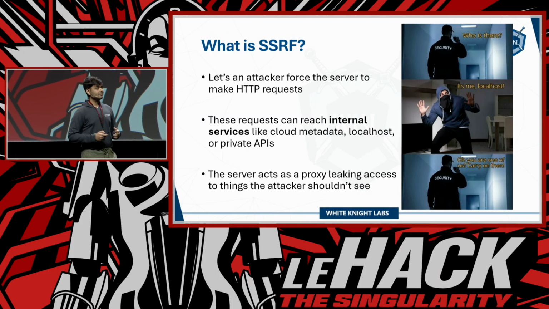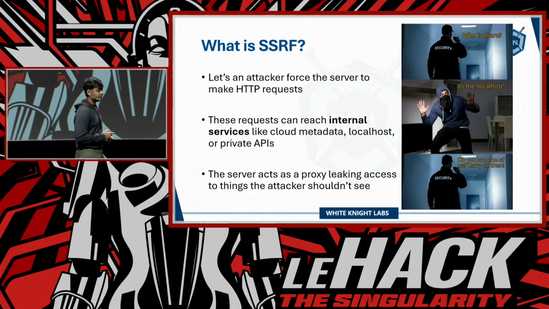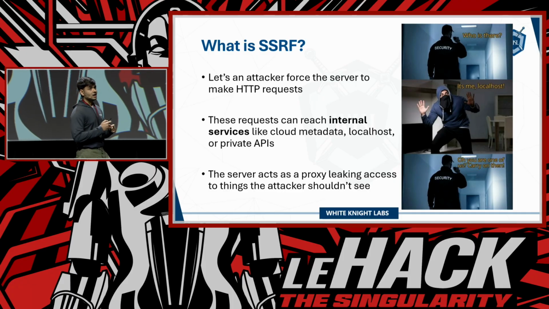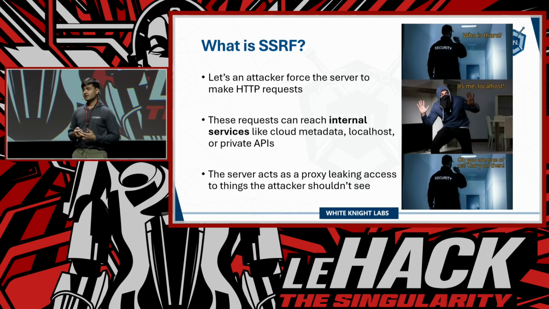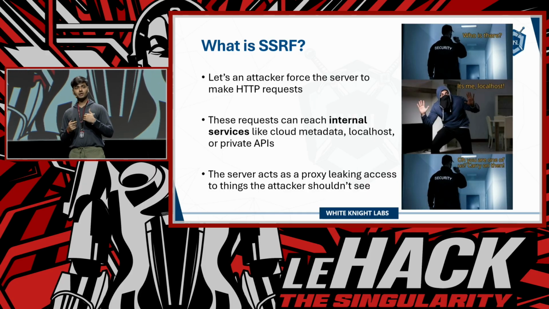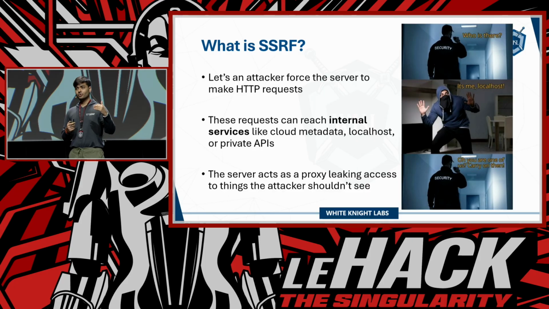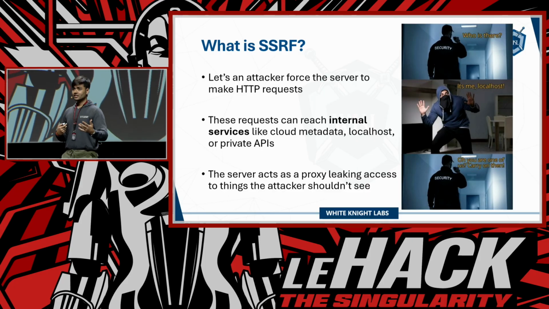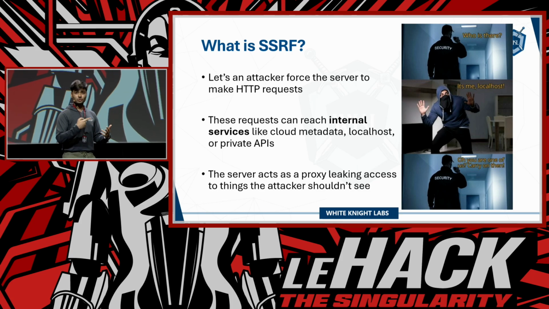So first we'll understand what SSRF is, what it is, and what it can do. For someone who doesn't know what an SSRF is, it's an application vulnerability where a user or an attacker is able to create an HTTP request from the server, not from the client side, but from the server. And that HTTP request can connect to all those IP addresses or domains that a backend server can access.